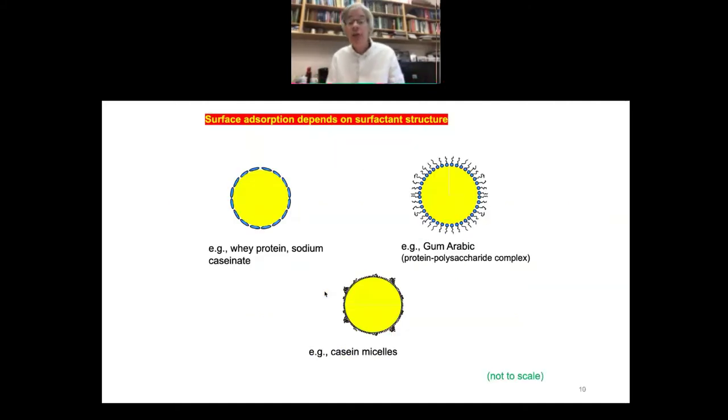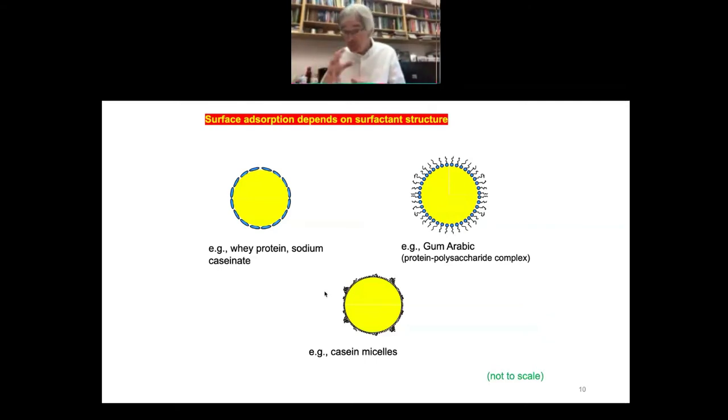We have lots of different types of surfactants, and I'm going to get into that in a little bit more detail as I go along again. Depending on the nature of the molecule, they can either exist in a very tight film around the droplet, or they can expand and extend out into the continuous phase.